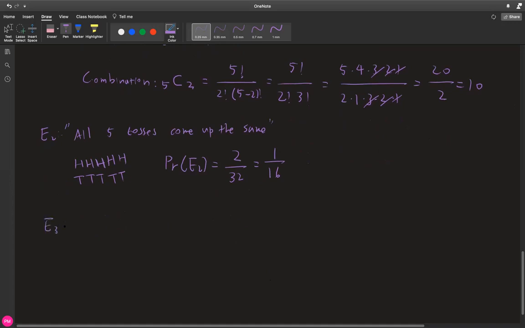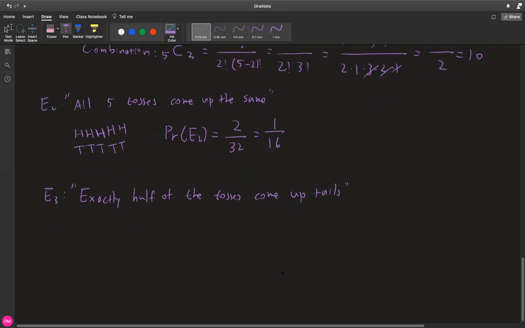Now let's look at the third event. This one says exactly half of the tosses come up tails. So what does that mean?